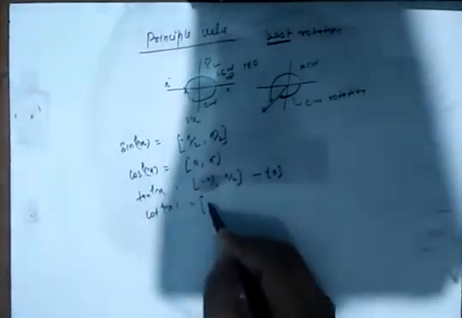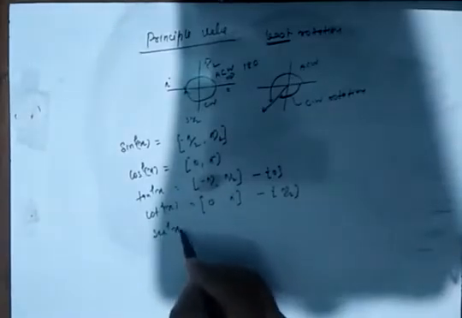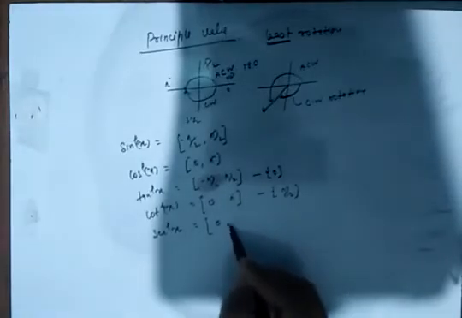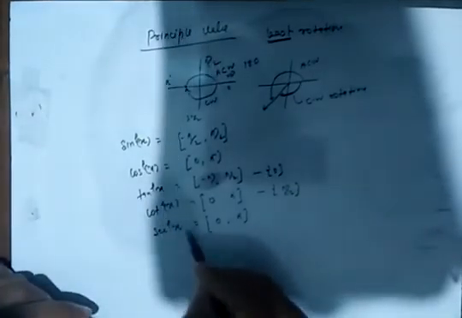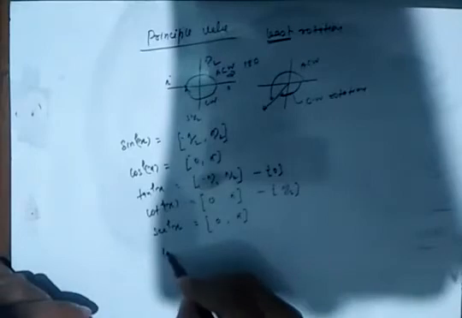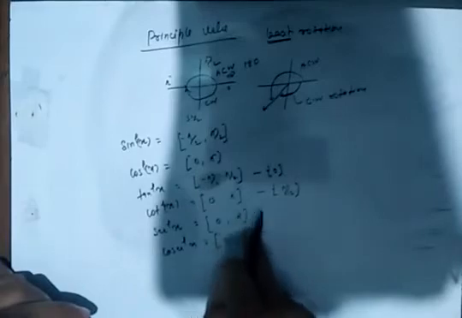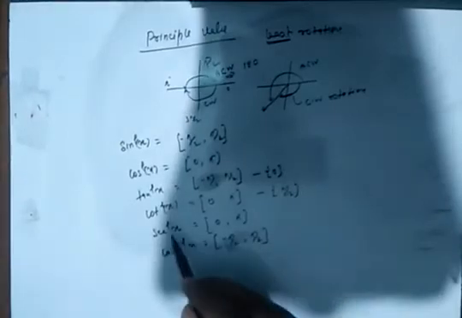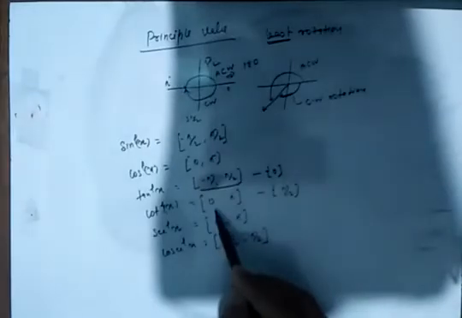Cot inverse is 0 to pi, excluding pi by 2. Sec inverse x is also 0 to pi, excluding pi by 2. Cosec inverse x is, sorry, minus pi by 2 to pi by 2, excluding 0. This is the least rotation.